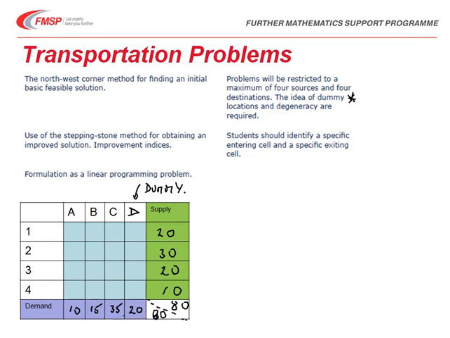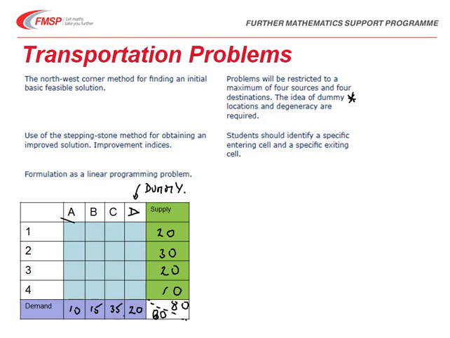The center part of the table shows the costs of moving units around from the source to the destination. Initially we don't get involved with the costs, we simply want to know, can we satisfy the demands from each of the supply points? And that's where the northwest corner method comes in.